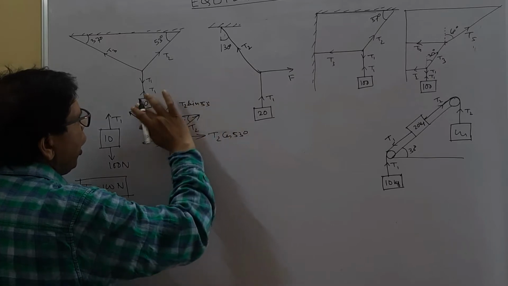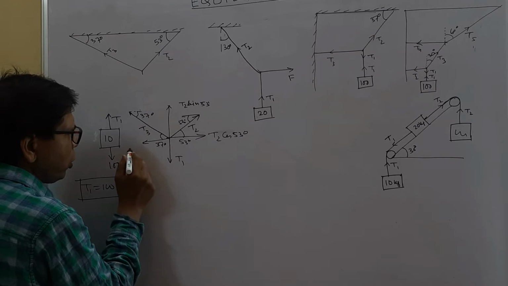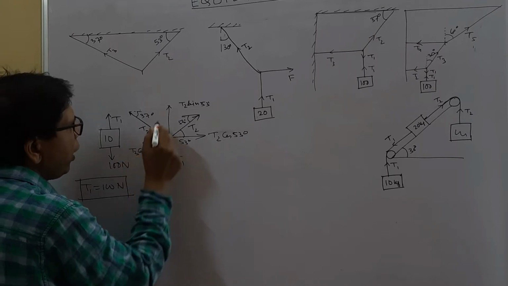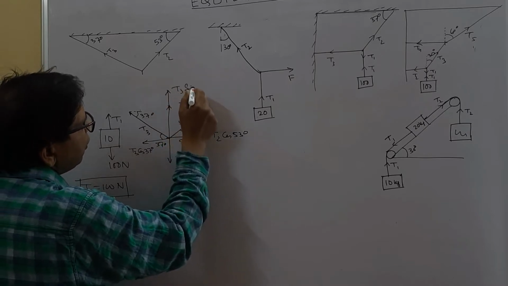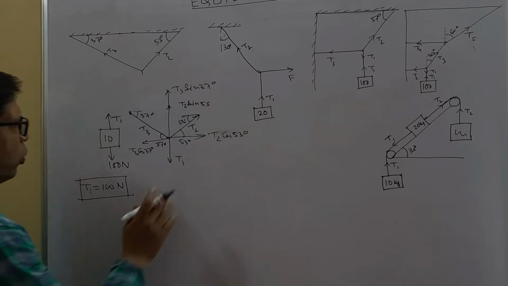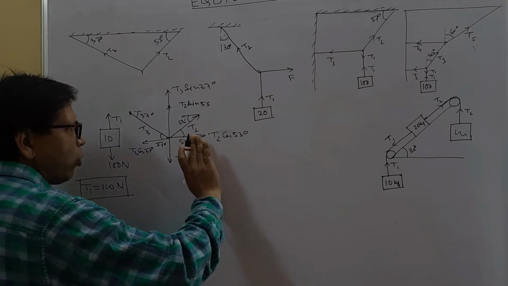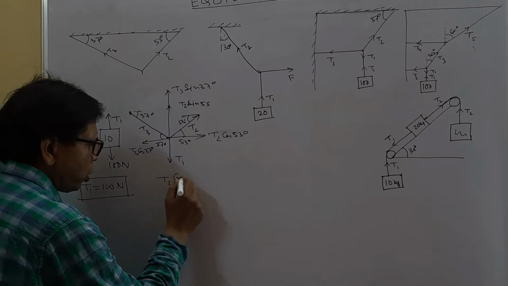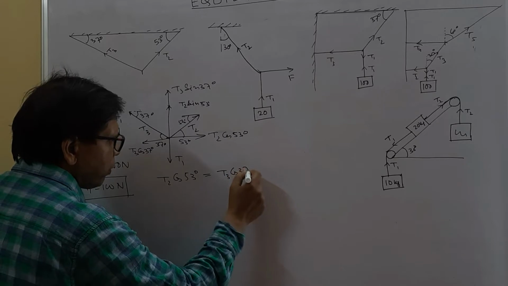And the component of T3 along this direction is T3 cos 37 degree, and this is T3 sin 37 degree. The sum of forces along these two directions are the same, so T2 cos 53 degree equals T3 cos 37 degree.